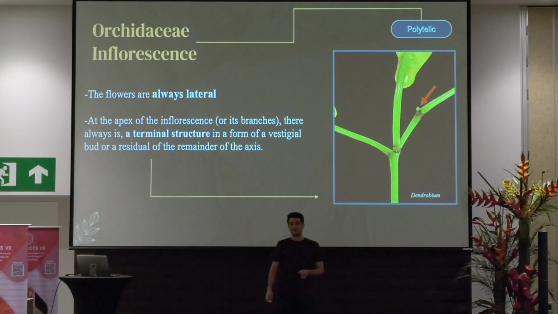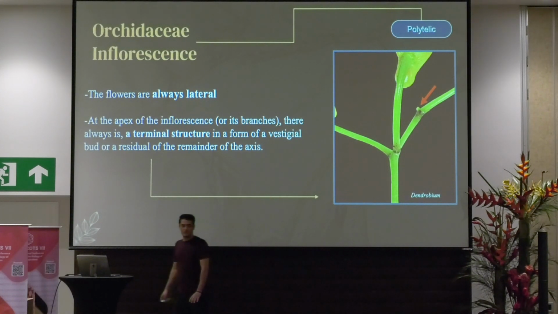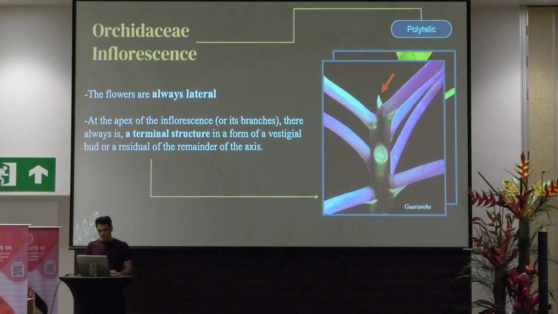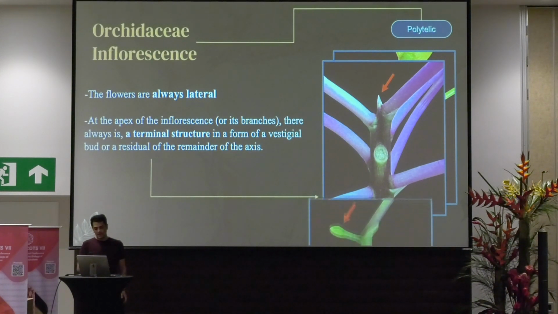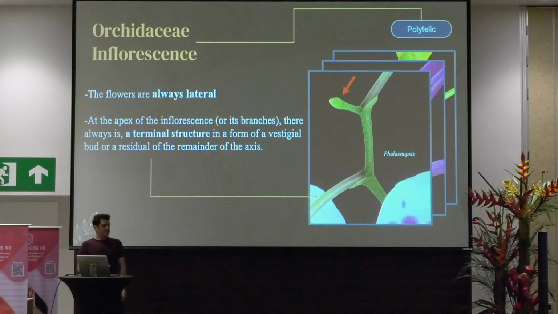Flowers are always lateral, and whatever orchid species you take, at the apex of the inflorescence you will always see a structure in the form of a vestigial bud, a residual of the remainder of the axis. You can see here on a Dendrobium a variant, which is also the type of structure we find in Cattleya, and here also the pseudoterminal flower found in Phalaenopsis.